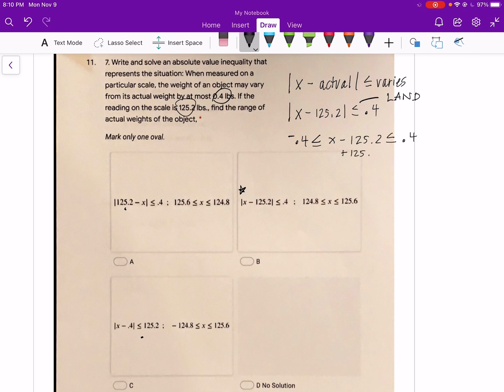So I'm going to add 125.2 to all 3 sides. And so when you do 125.2 minus 0.4, you're going to have 124.8, which is less than or equal to X, because those cancel, which is less than or equal to, when you add 0.4 to it, 125.6. So the answer is also correct here. So the only one that is correct is B.